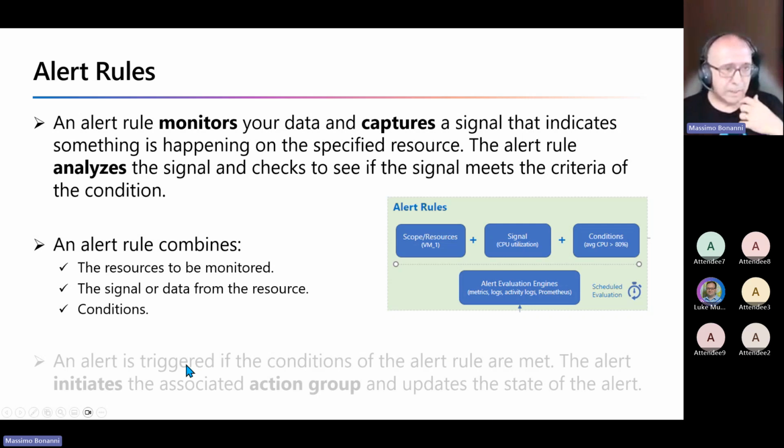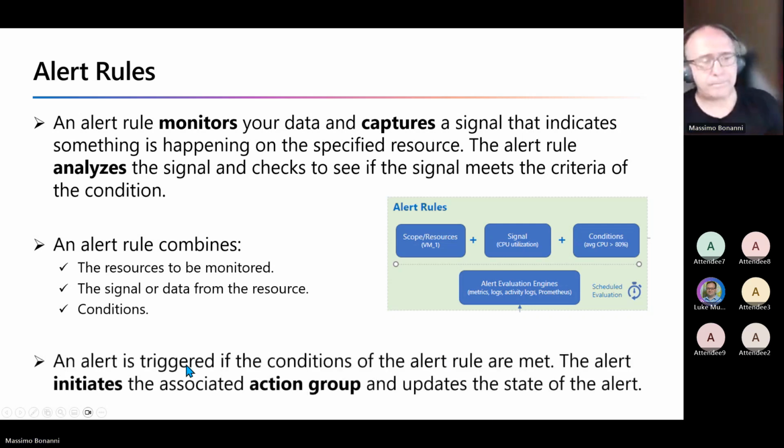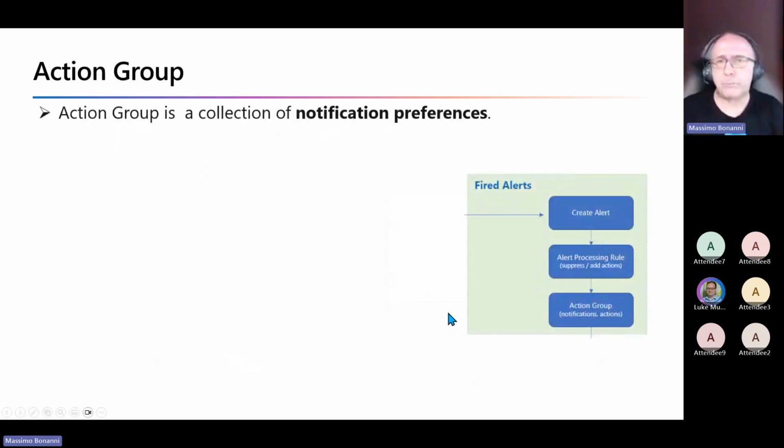Okay. And finally, the alert is triggered if the conditions are met. So you define a condition, and this condition will be checked at every amount of time. You can define the amount of time, and when the condition is verified, the alert is triggered. And when the alert is triggered, what happens? You have a group of notification preferences, called an action group.